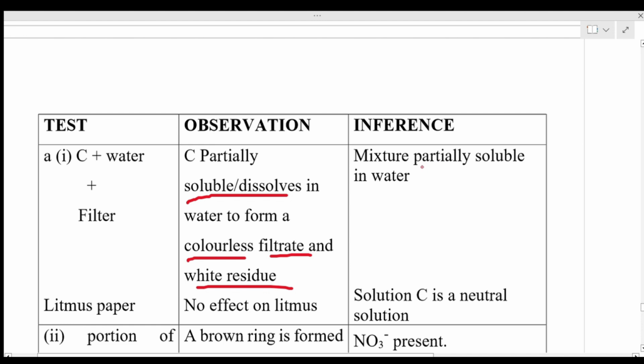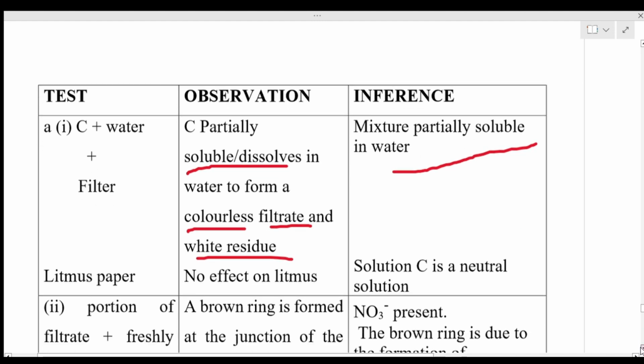We cannot say that this is a mixture of soluble and insoluble salts, because we all know that the two salts are soluble. So the best statement to use here is: mixture is partially soluble in water.